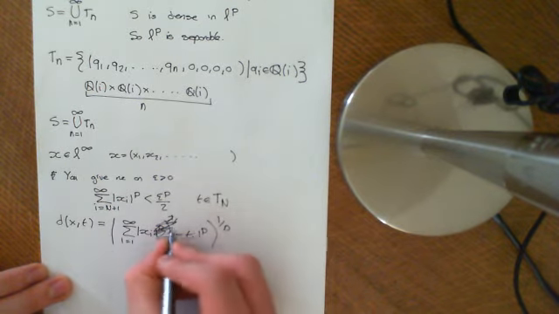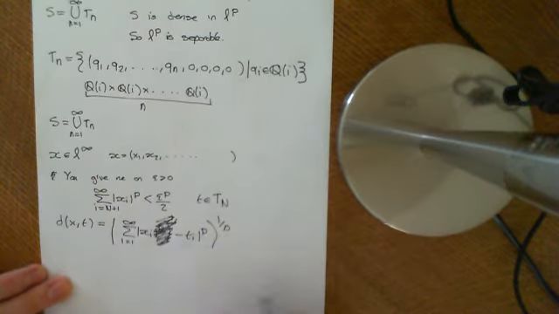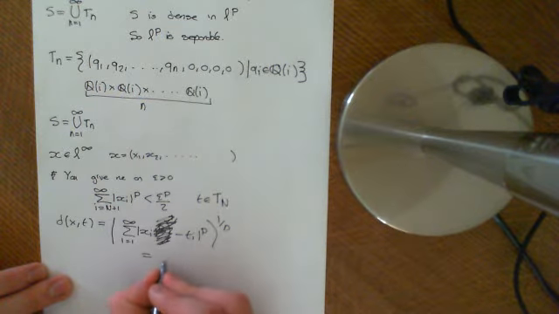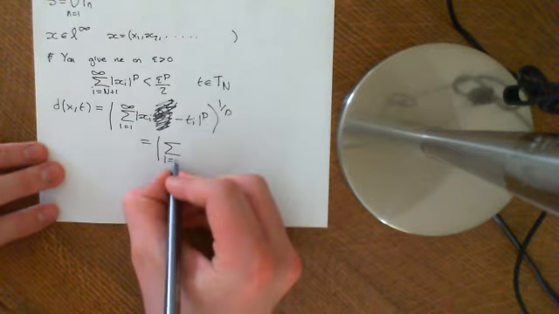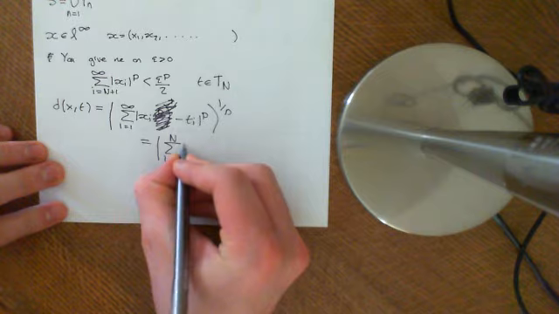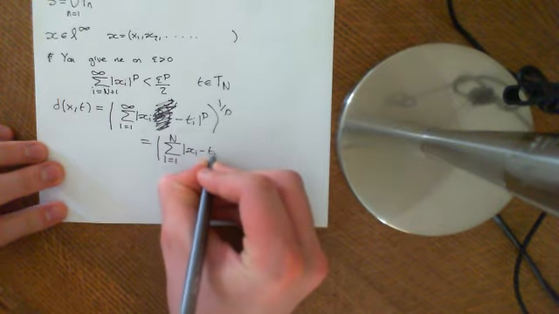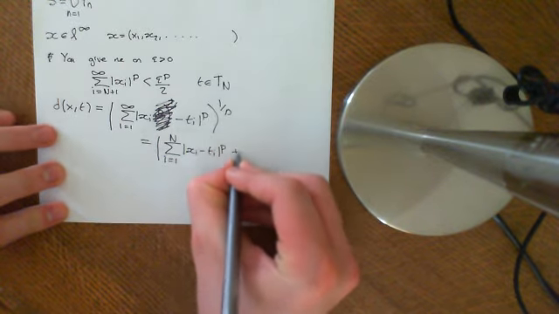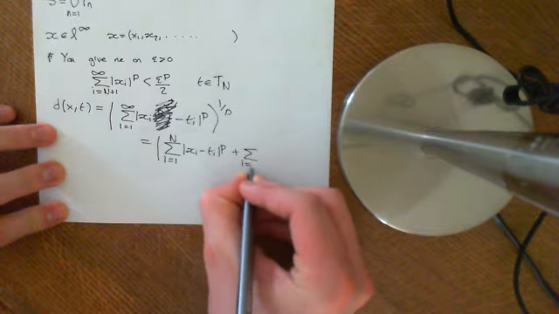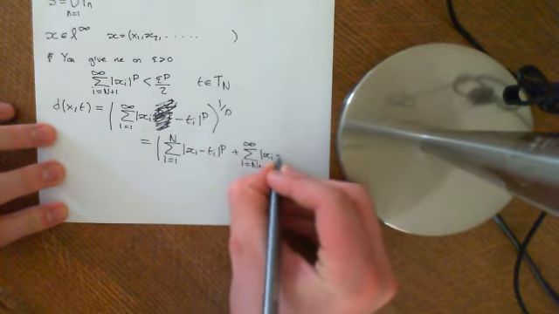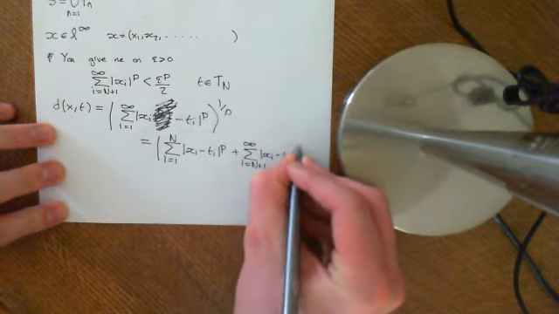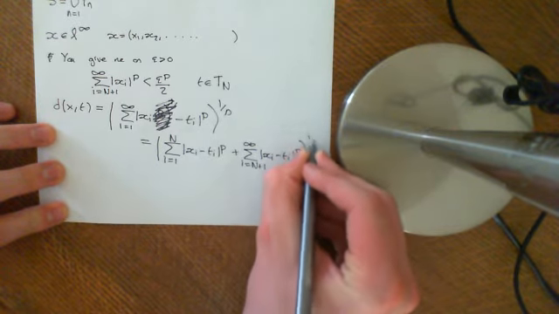I'm sorry about that mess in the middle there. So that's correct. And then we split this up into two parts: the sum from i equals 1 to big N of the modulus of xi minus ti to the power of p, plus the sum from i equals big N plus 1 to infinity of the modulus of xi minus ti to the power of p, all of that to the power of 1 over p.